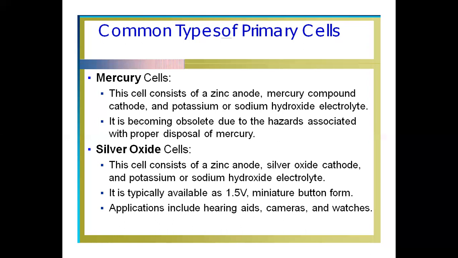Next are the silver oxide cells. These cells consist of a zinc anode, silver oxide cathode, and potassium or sodium hydroxide electrolyte. It is typically available as a 1.5 volt miniature button form.